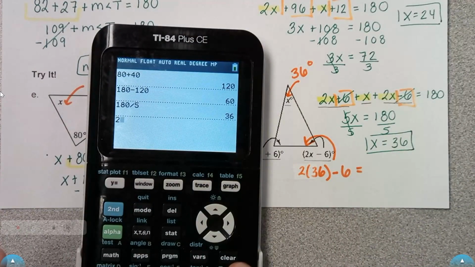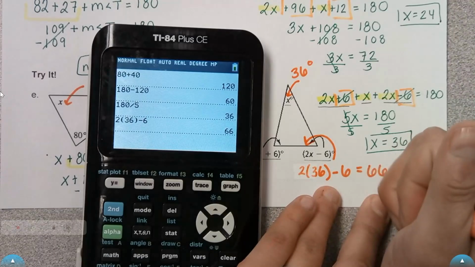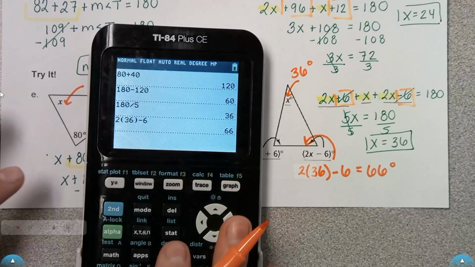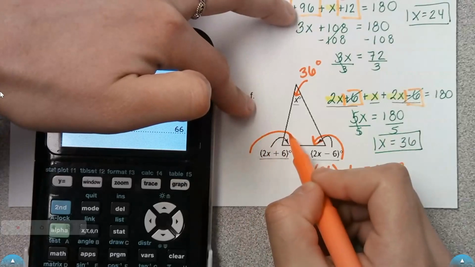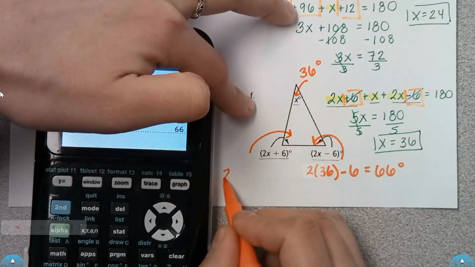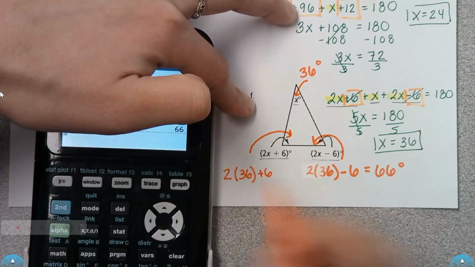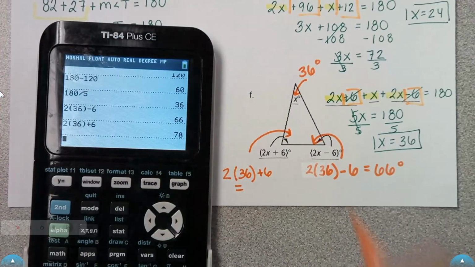So 2 times 36 minus 6, I get 66. And then I'll do the same thing for the other corner. So for this one, I have 2 times 36 plus 6. I'll put my answer down here. So 78.